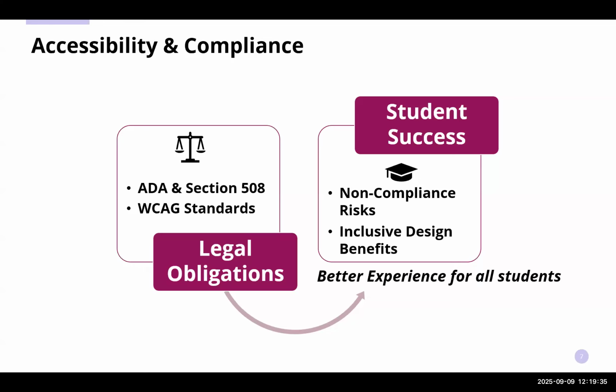The research backs this up. Accessible practices actually improve learning outcomes and student retention. So, accessibility is not just about following the rules, it's about smarter teaching, stronger institutions, and inclusive learning. And when we approach it as a shared responsibility, we are not just avoiding lawsuits, we are actively building a learning environment accessible to everyone.